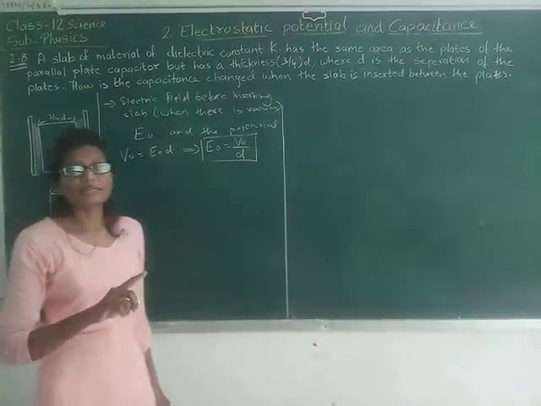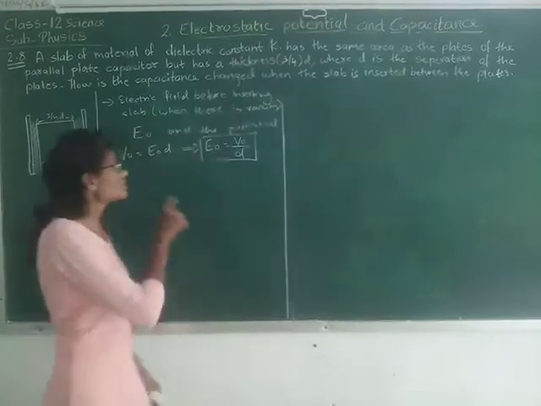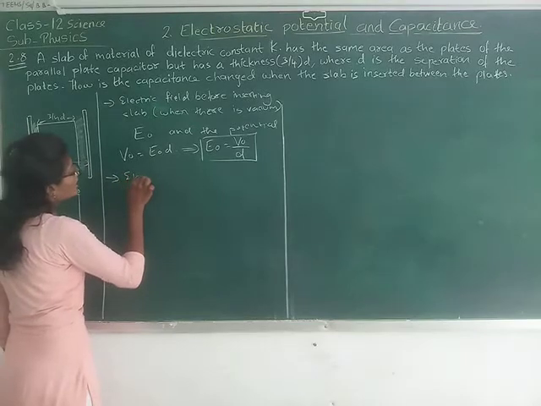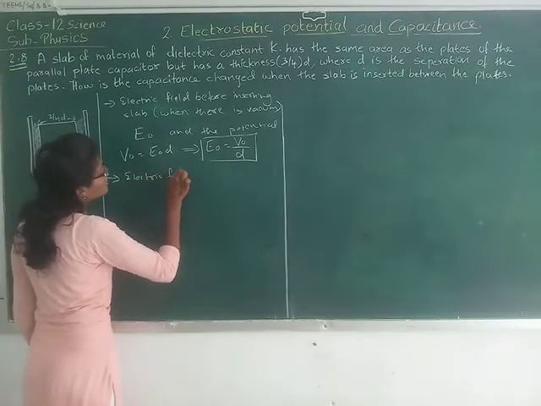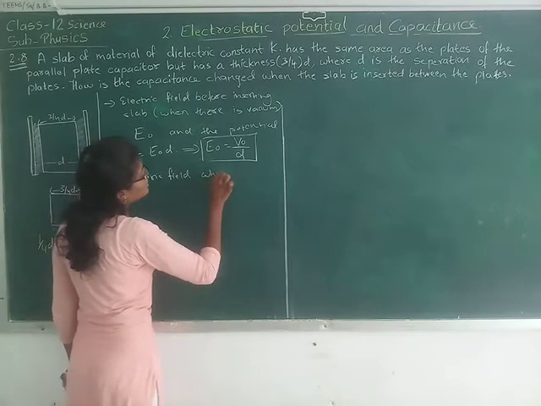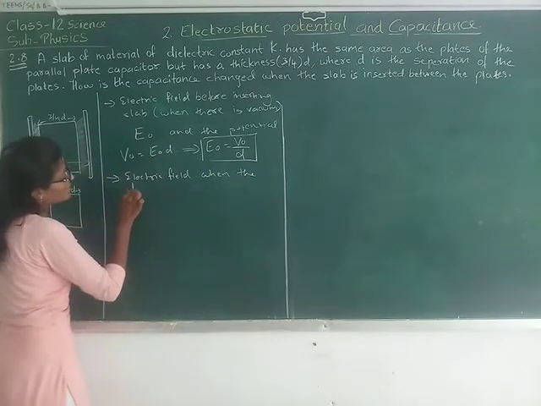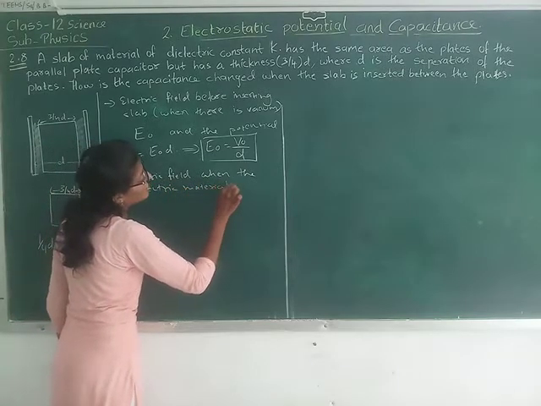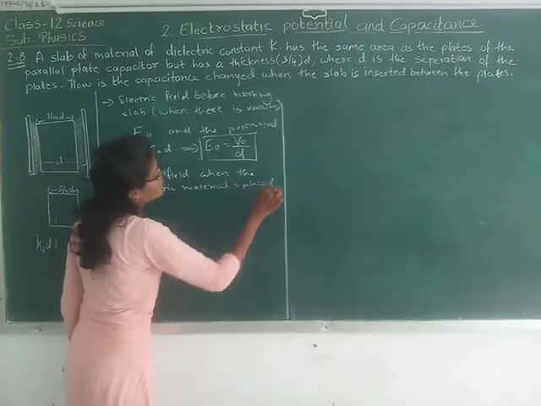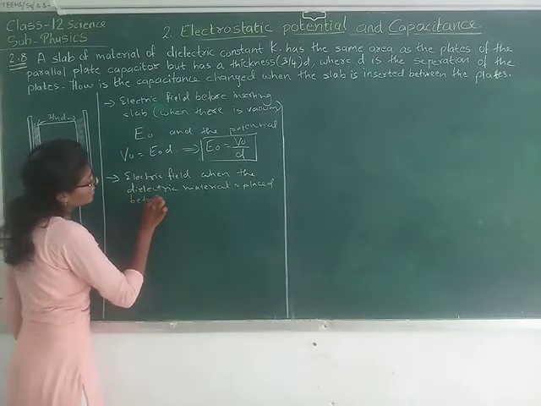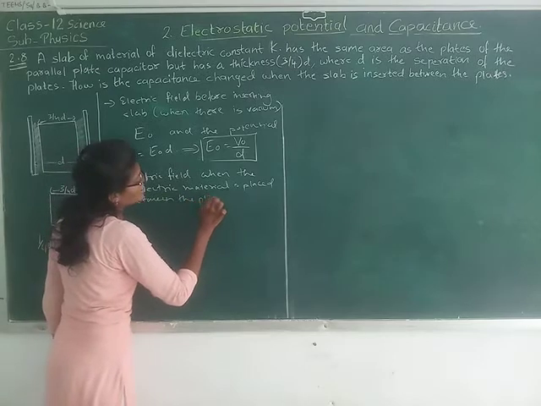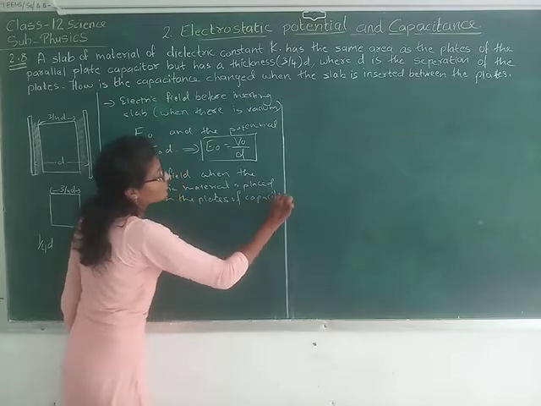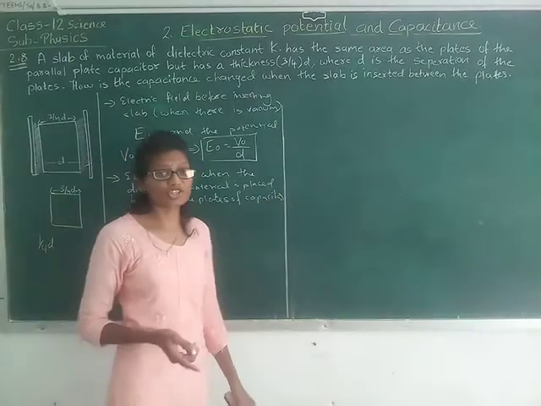Now when we place the slab in between these two plates, there will be a change in the electric field. So the electric field when the dielectric material is placed between the plates of the capacitor, now here the medium is changed, right?